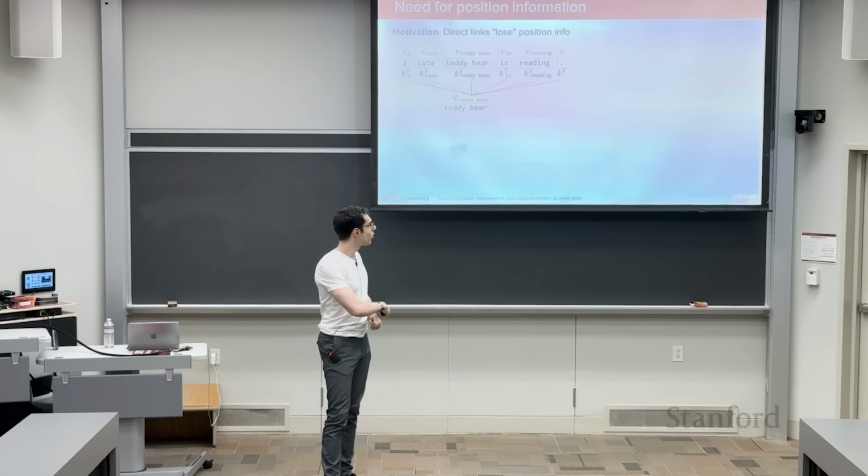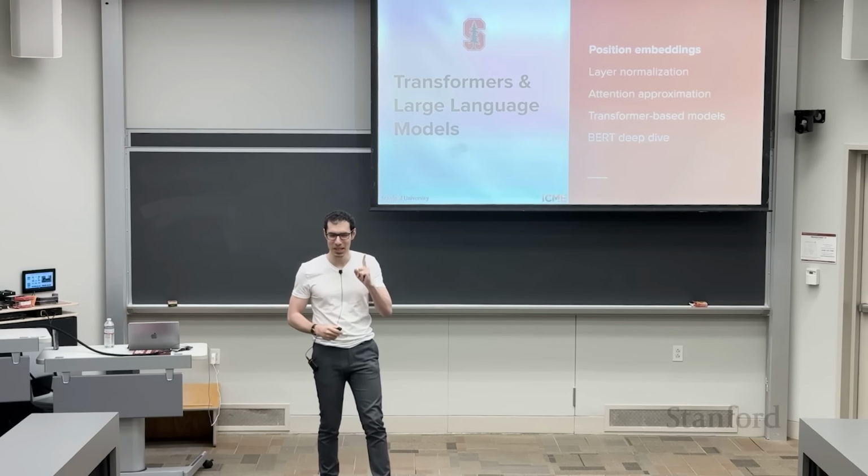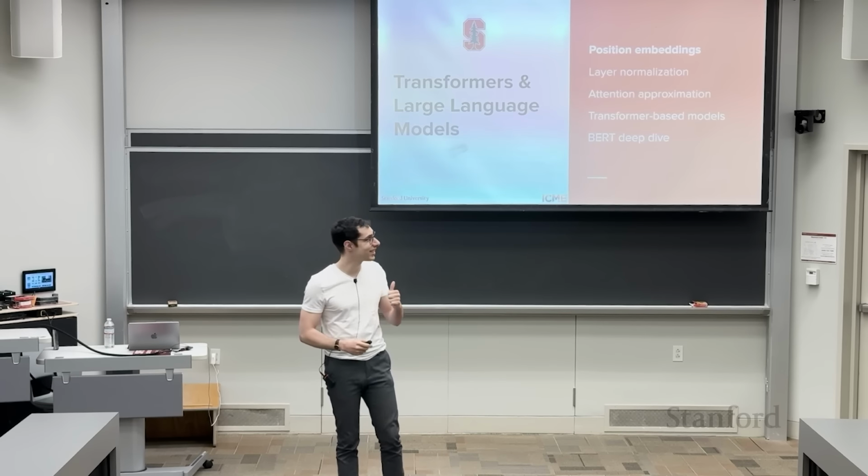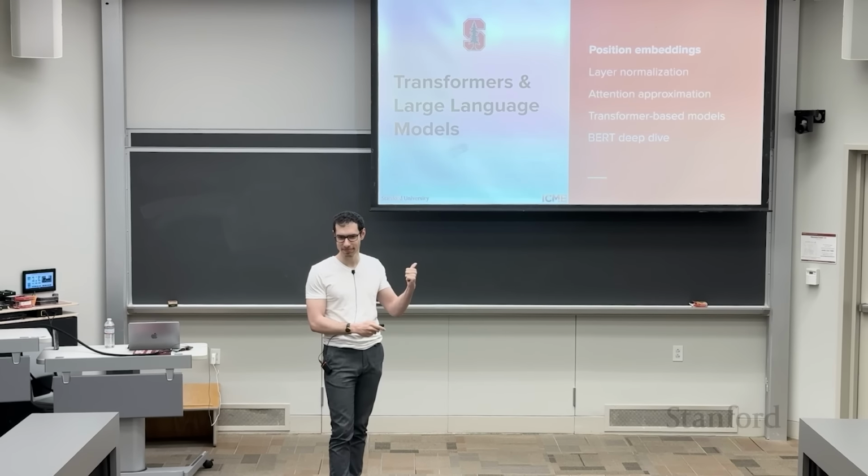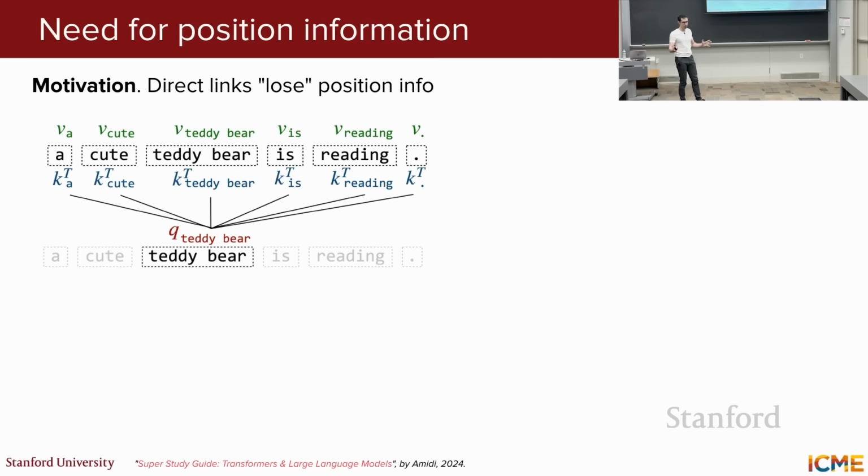Cool? Okay, so let's start with the first important concept in this architecture, which is the position embedding. If you remember, here we're letting tokens interact with all other tokens in a direct fashion, so they have direct links. But contrary to things like RNNs, where you have a sequential dependency and process each token one at a time, here you're losing this idea of a token being processed before another one.